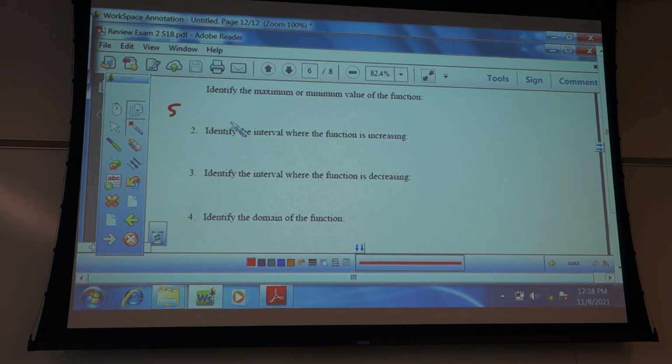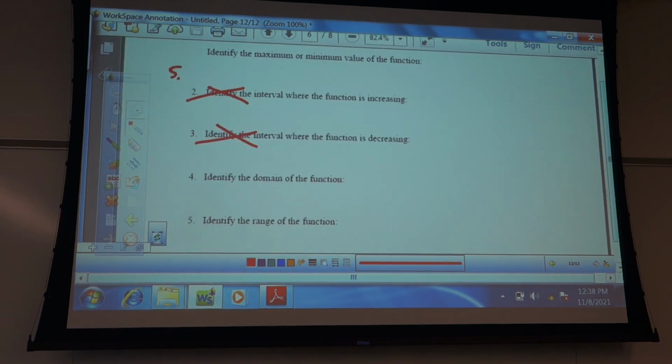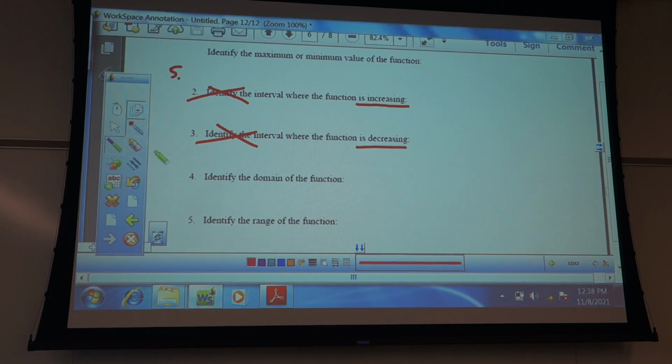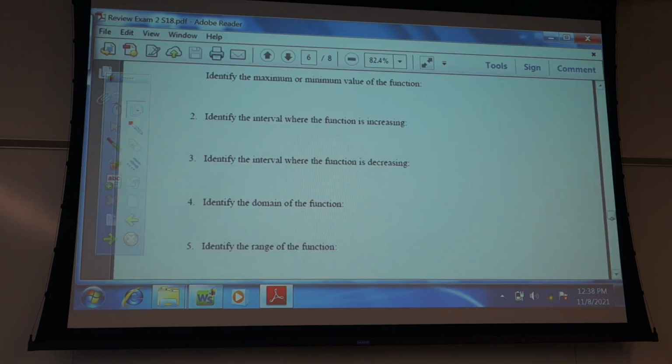Identify the interval of increasing or decreasing. Ignore those parts, the increasing, decreasing, we're not gonna do that. So cross those 2 out on number 5. Where it says increasing and decreasing, we're not gonna do that. Okay, good. Everybody have that down? All right, I'm gonna move on.